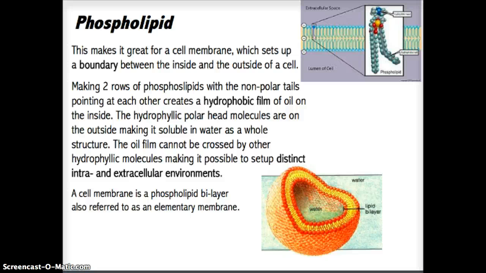That makes basically a hydrophobic oil film between the 2 heads that can stay in a water environment. And that sets up a nice boundary that cannot be crossed by hydrophilic molecules. Only hydrophobic molecules can go through. The phospholipid bilayer is also referred to as the elementary membrane.